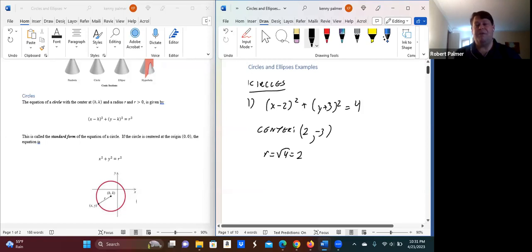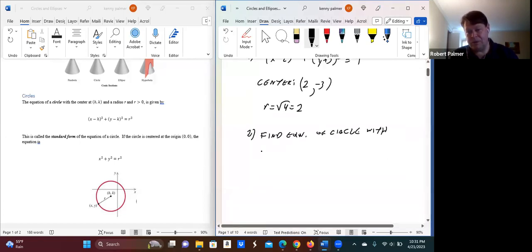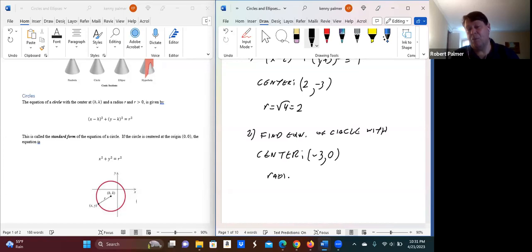Now, for number 2, let's say we want to find the equation of the circle with a center. This time we're going backwards, given the center and the radius. Our center, let's say, is (−3, 0), and the radius is equal to 3.